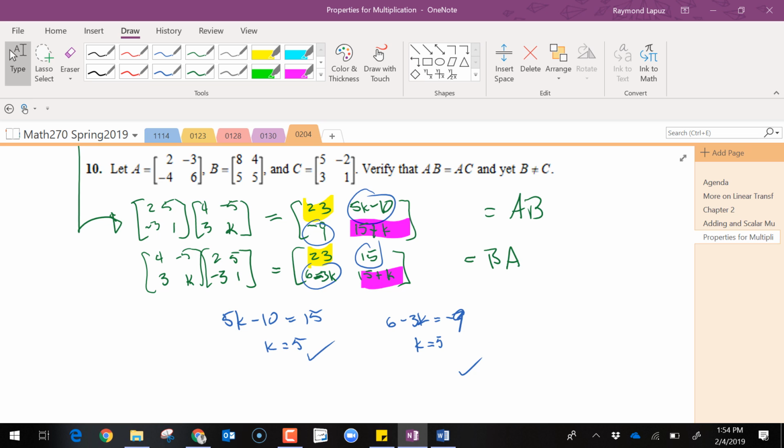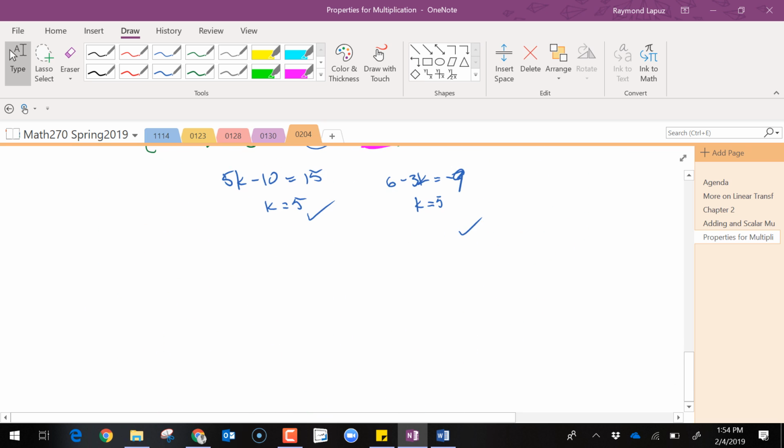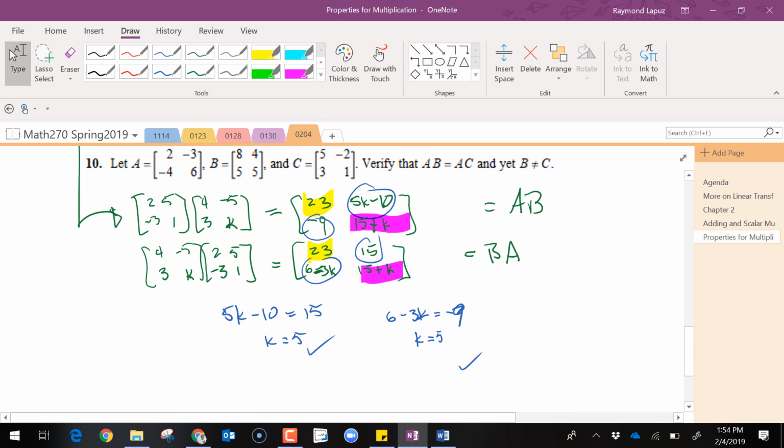All right, so number 10, you can work that out. Just do a couple of matrix multiplications and show that the second warning doesn't necessarily hold.